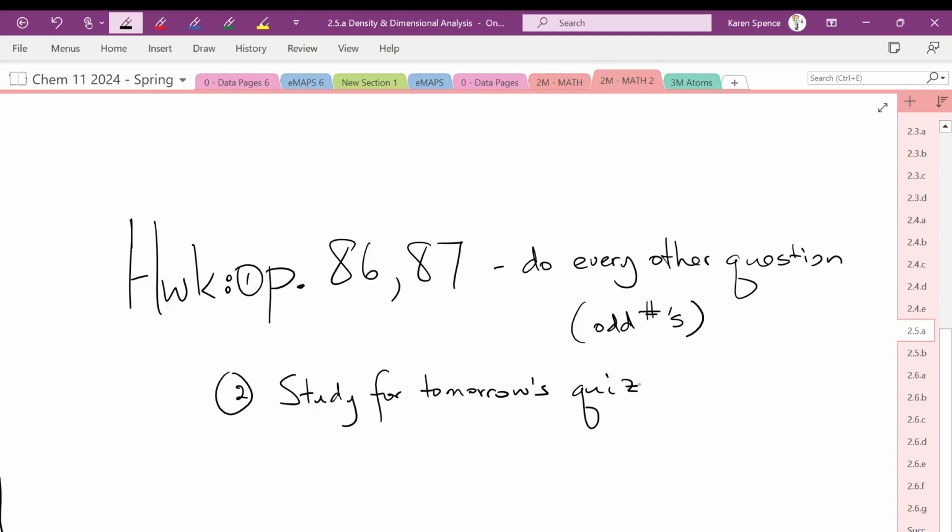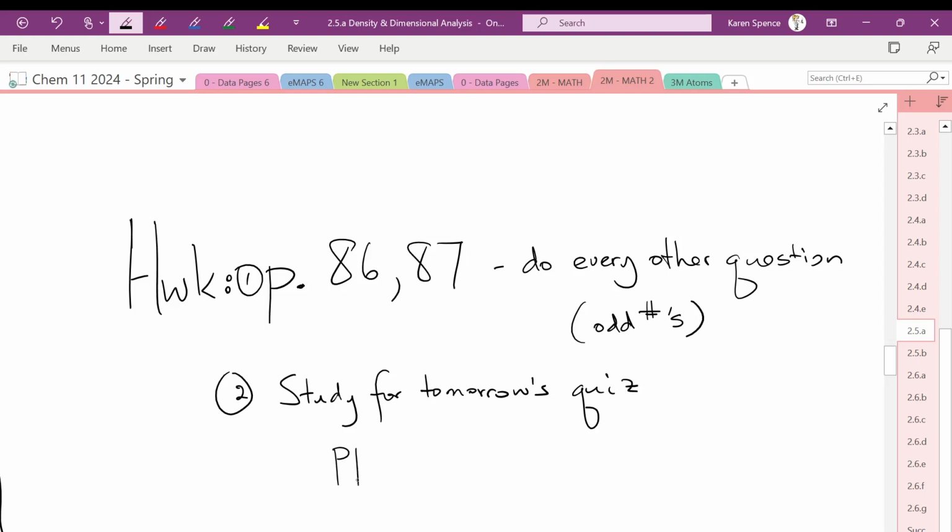Which means you're going to make sure that you have done the review. Let me find the pages. Ooh, there's a metric conversions review, 79, 80, 81.